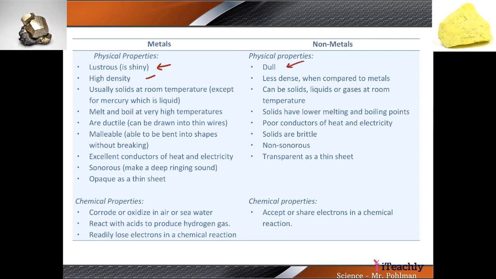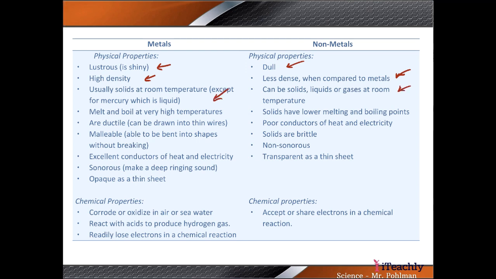If you have high densities for metals, you have low densities for nonmetals. You have high temperatures, you have low temperatures. You have high boiling points, you have low melting points. Ductile elements can be drawn out into wires. Copper is great, you can draw it out into wires. But try to take sulfur and pull it out into a wire, it's not going to happen.